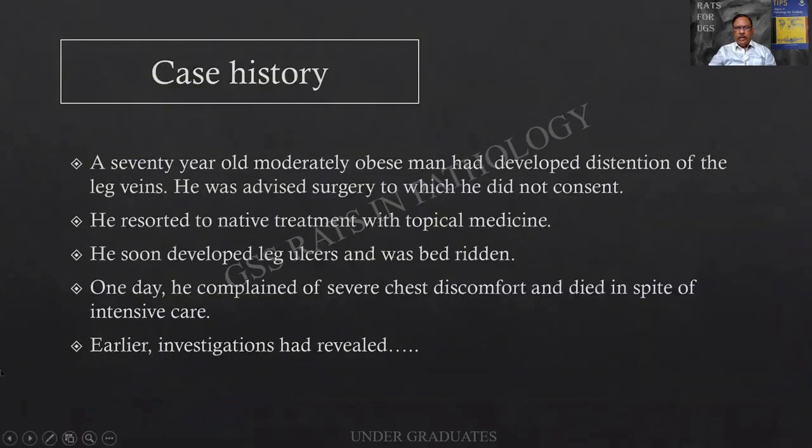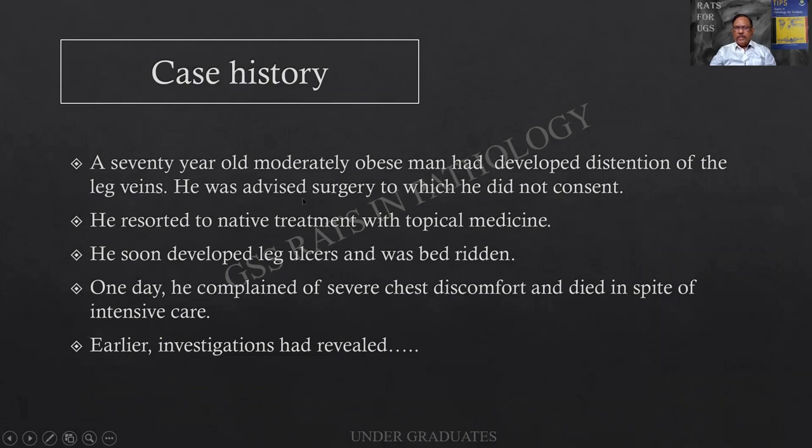As usual, we start with the case history because many a question can be a problem-based question which we should not be perturbed about. This is a case of a 70-year-old moderately obese man who had developed distension of the leg veins.